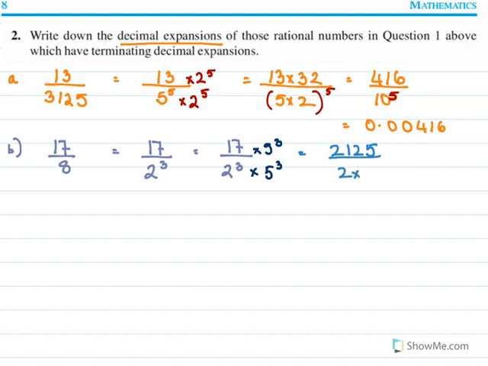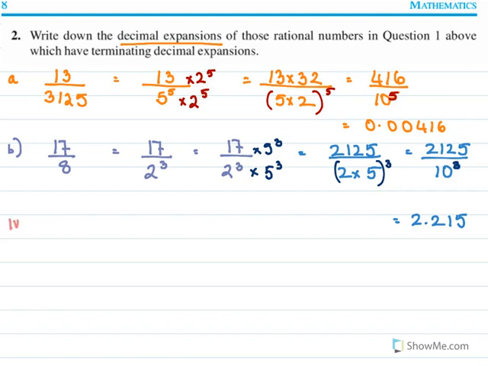In the denominator, you'll get 2 into 5 and whole thing raised to 3. So this is 2125 over 10 raised to 3. So it will have 3 decimal places, 2.125. There is 3 here, so 1, 2, 3 decimal places. So this is the decimal expansion of 17 over 8.